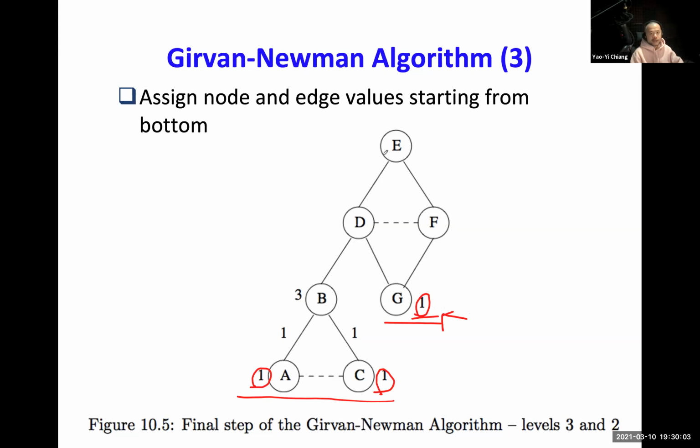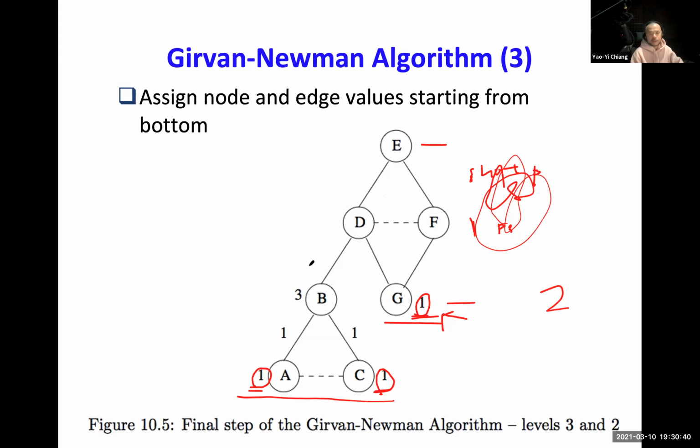This 1 indicates there are shortest paths of one particular length. There is one shortest path or multiple shortest paths of one particular length from E to G. For example, from E to G, you have 2 shortest paths, but they have the same length, right? So you have a 1 here, a 1 here, a 1 here.